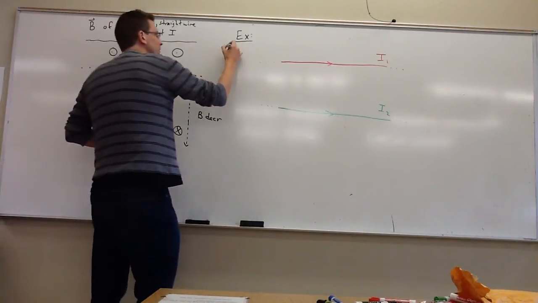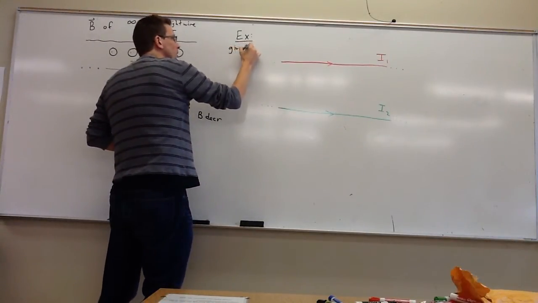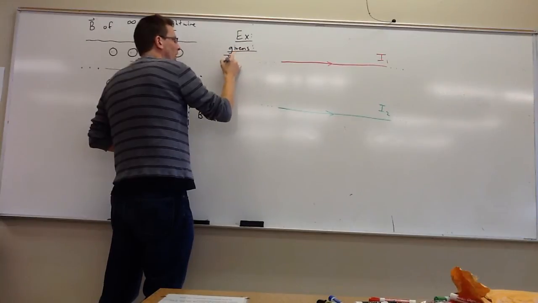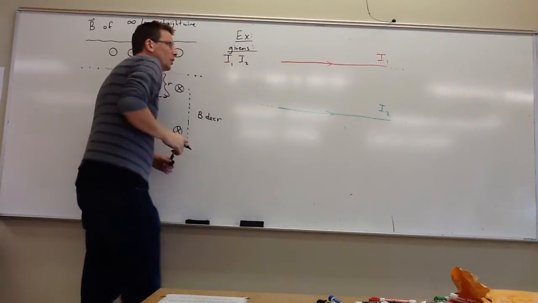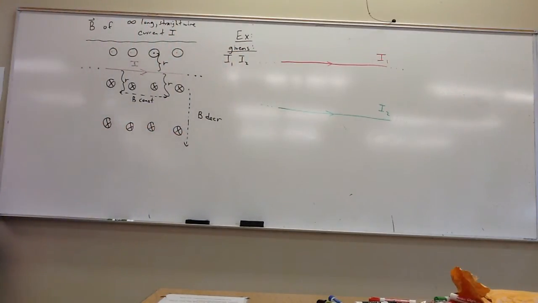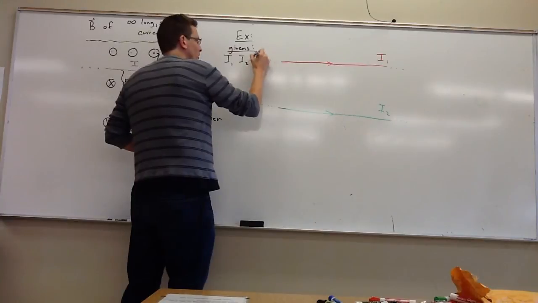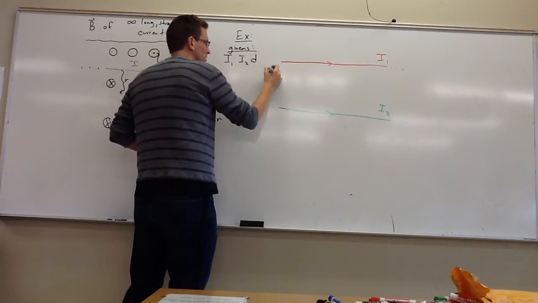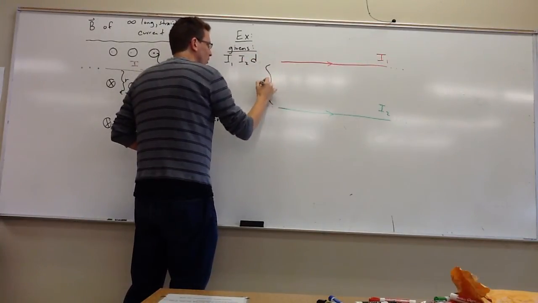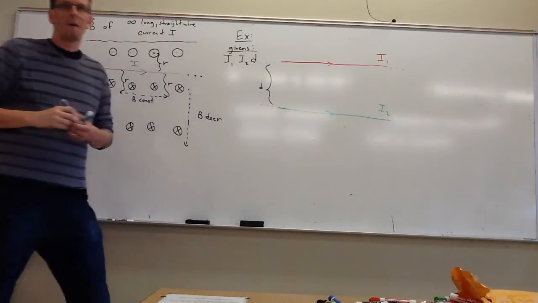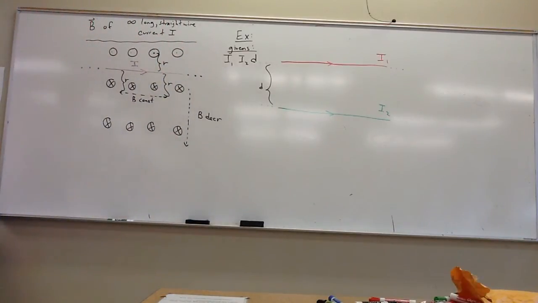And here are the givens in my example. My givens are I1 and I2. So consider those just like numbers that haven't arrived yet. These are things that are allowed in the answer. And then I'm also going to give you D, which is their separation. So if they run parallel to each other, how far apart is that? That's the distance D.